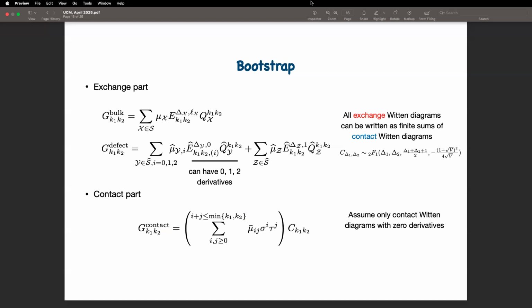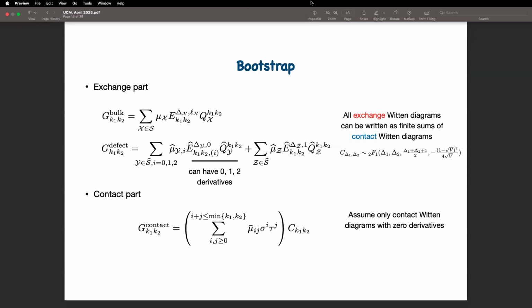Finally, for the contact part, we are going to include all the possible R-symmetry structures. So we write down a generic R-symmetry polynomial, multiplied by a contact Witten diagram with 0 derivatives in its vertex. The reason we assume no derivatives is that derivatives are associated with the high energy behavior of these correlators.